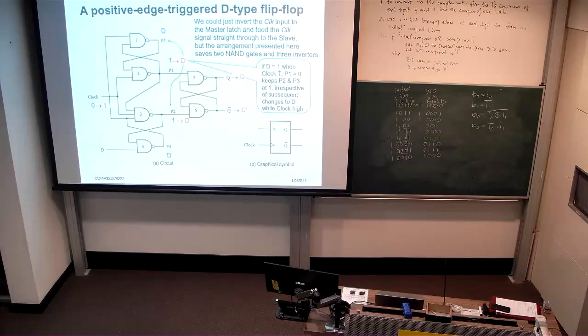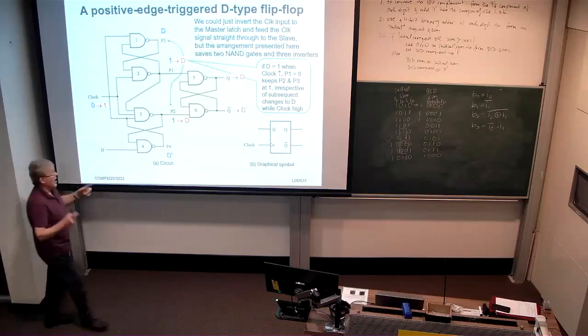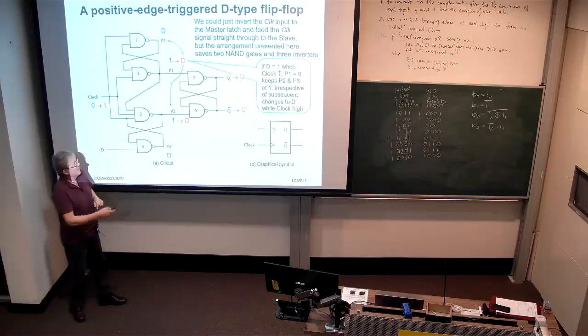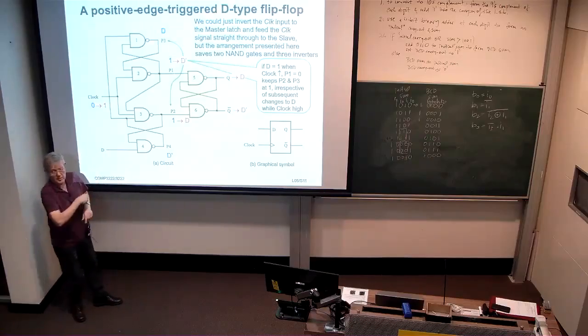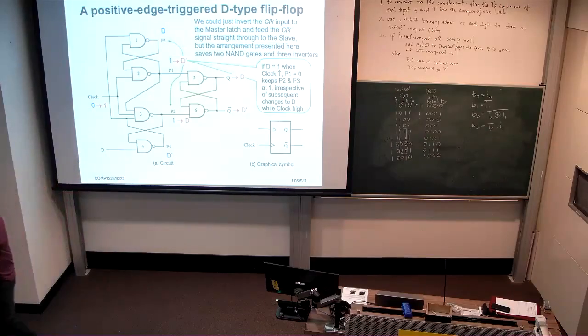Similarly, if D happens to be 1 when the clock goes high, then this point, P1, this Y, is going to go to 0. And if it goes to 0, that forces this NAND gate here to output a 1. It'll also force this NAND gate to output a 1.